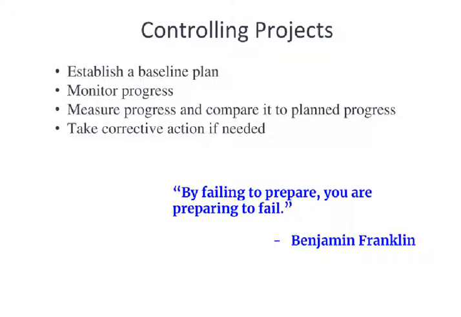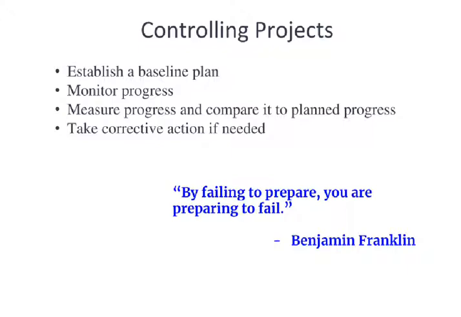Once we have the plan and the reality of what progress is really happening, we move to the third phase. And that's where we measure progress and compare it to the plan to see where there's discrepancies. You cannot do this third stage without having both the defined baseline plan and data on progress. Both are going to be critical, and we're going to emphasize that many times as we proceed through the book.